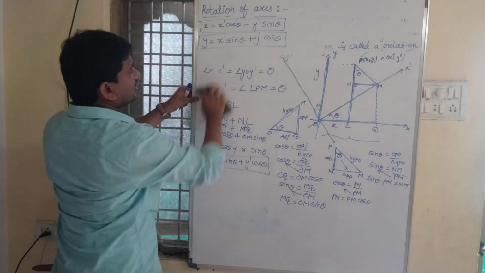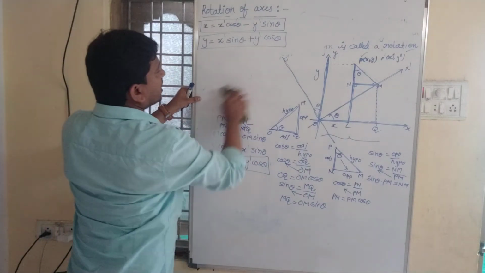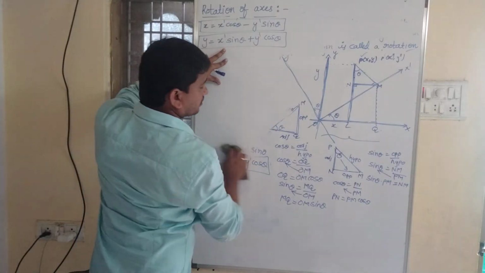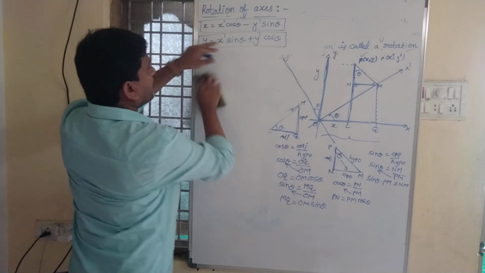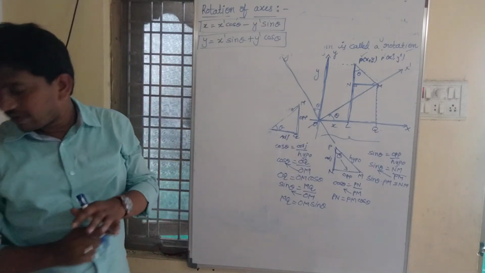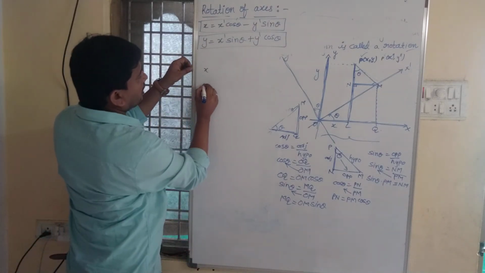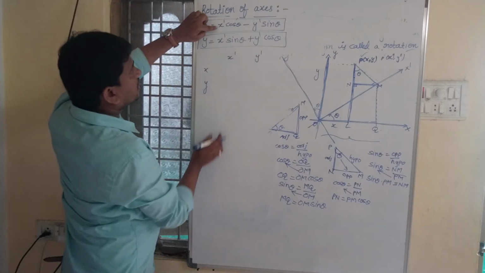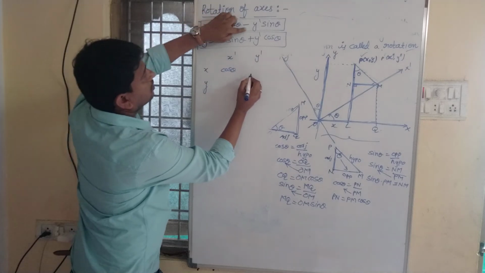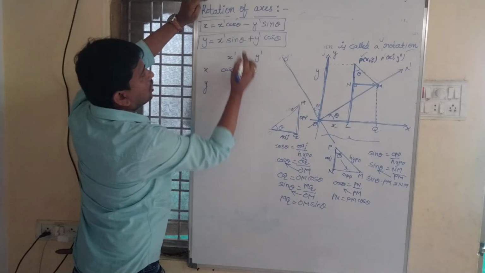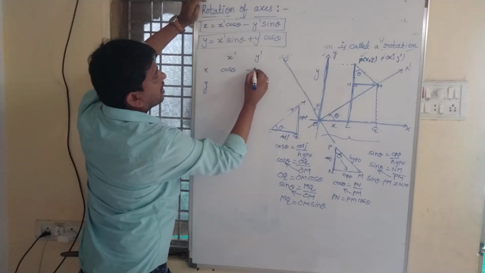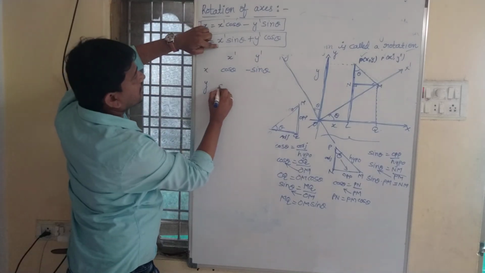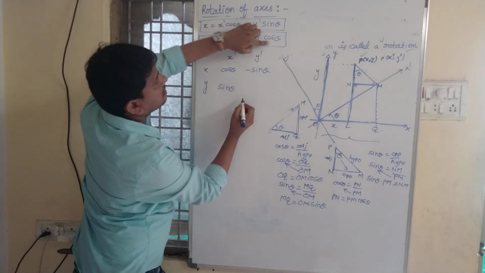Now, this x and y are the coordinates with respect to the original axis. Now let us find x dash and y dash. For finding x dash and y dash, we have a shortcut. So here we have cos theta, x dash cos theta minus y dash sin theta; y means x dash sin theta plus y dash cos theta.